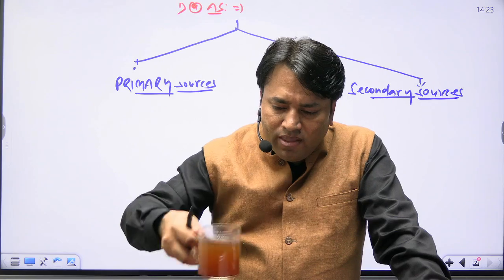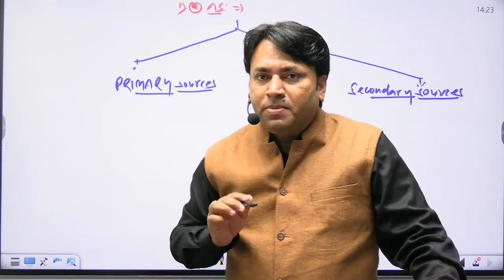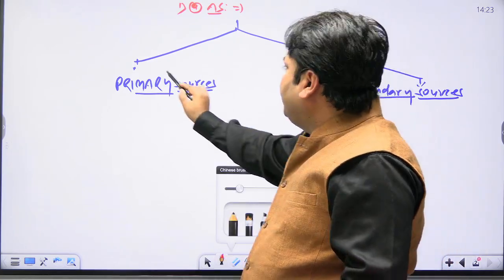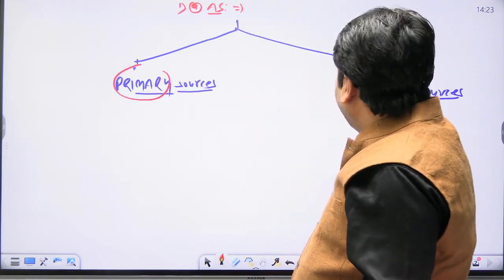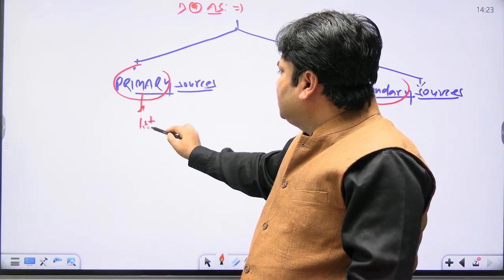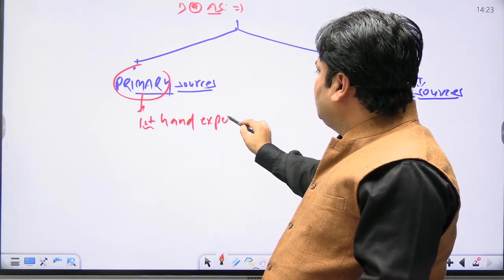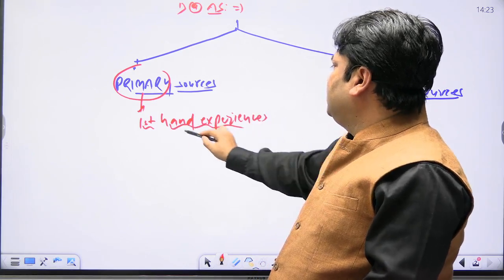What is the basic difference? Because we are talking about sources of history, this division, one is called primary. Why is it called primary and why is it called secondary? Primary means the sources which are like first hand experience for us. So those sources will be called primary sources. Very simple definition.